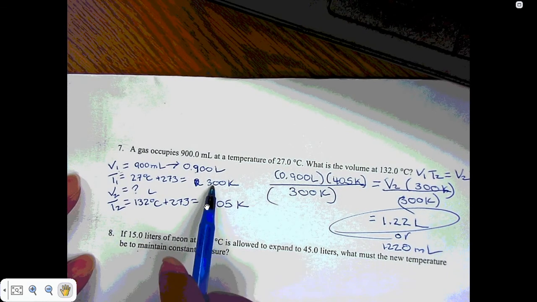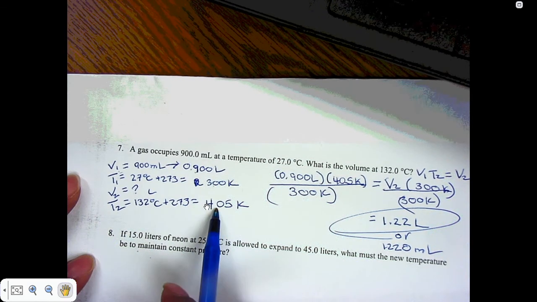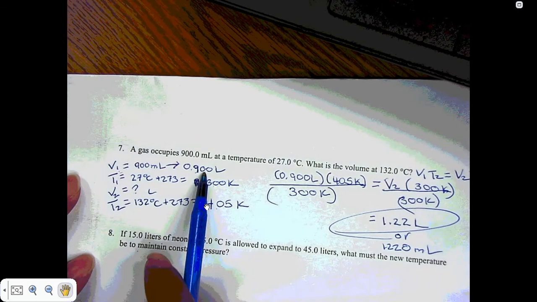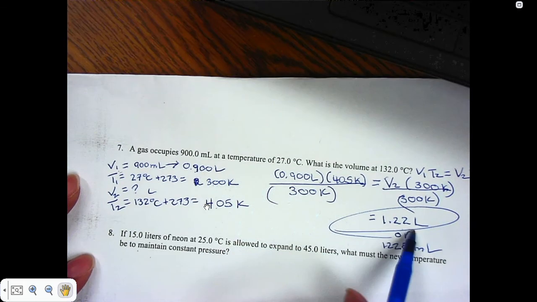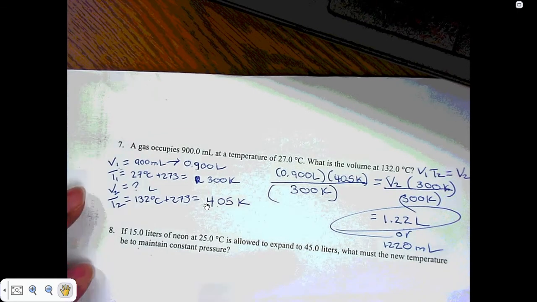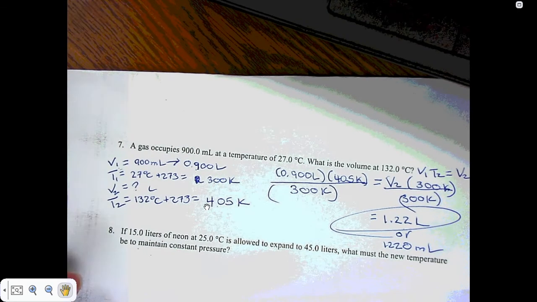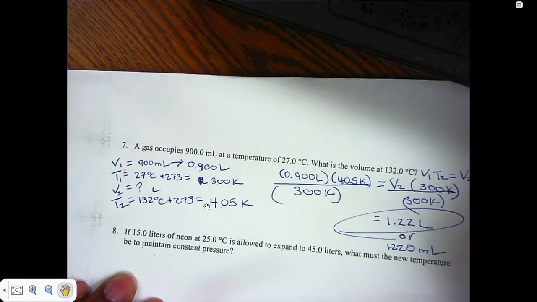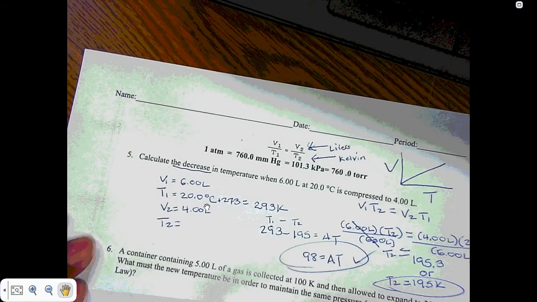This temperature increased from 300 Kelvin to 405. This increased from 0.900 liters to 1.22 liters. And there you see how Charles' law does in fact hold up when comparing the two.